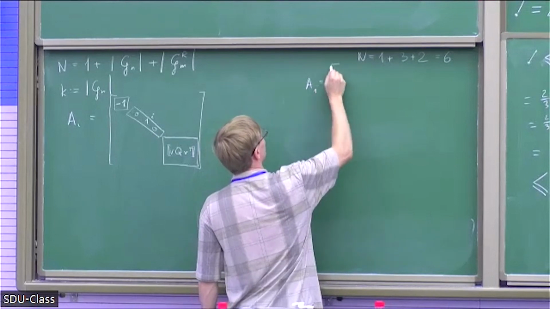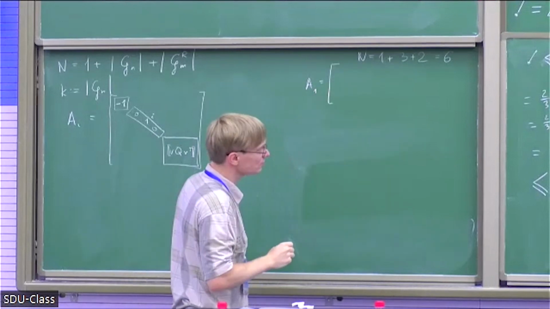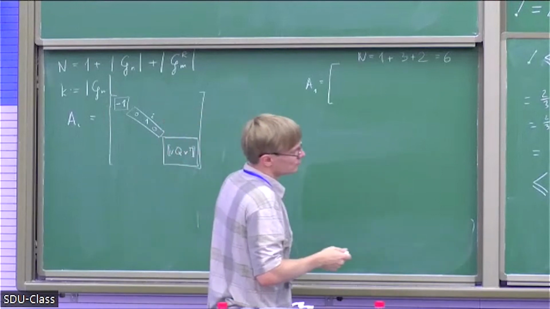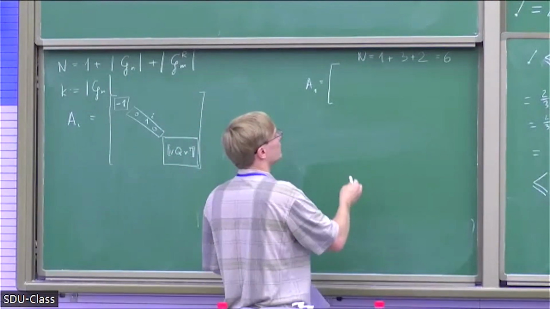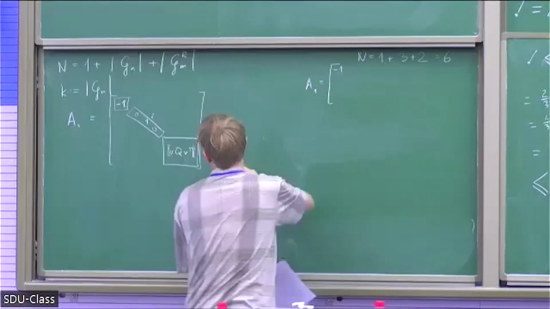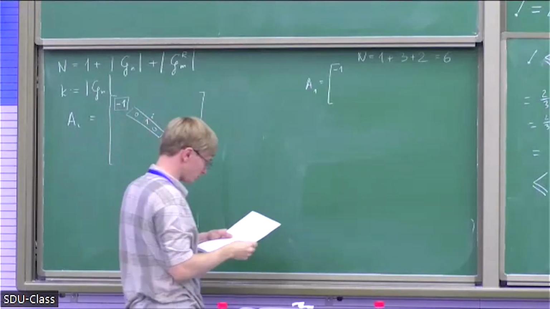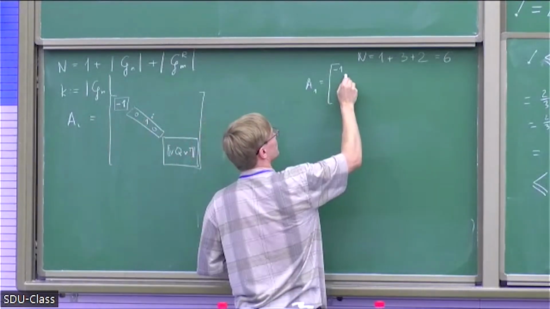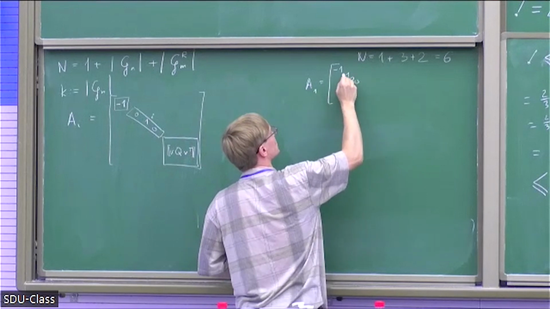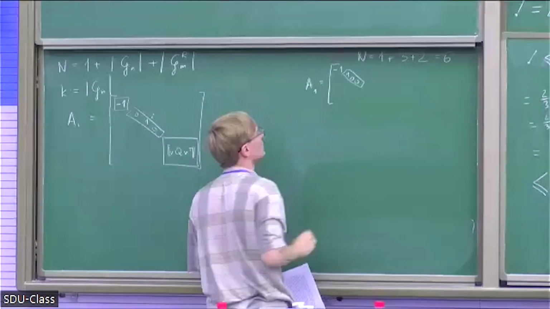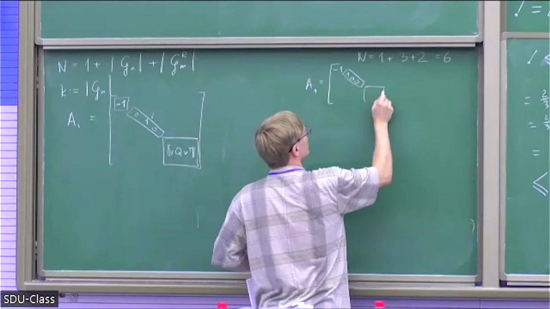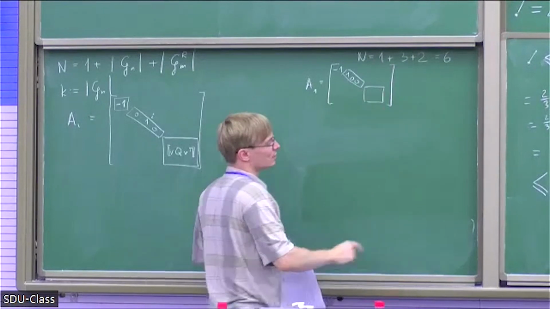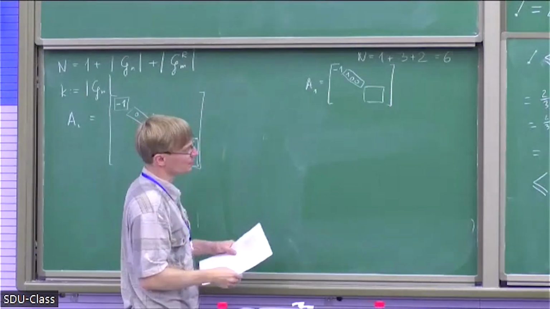So in our case, -1 in the corner. Next, I have a diagonal. For the first graph we have 1. And then I have here values coming from there.